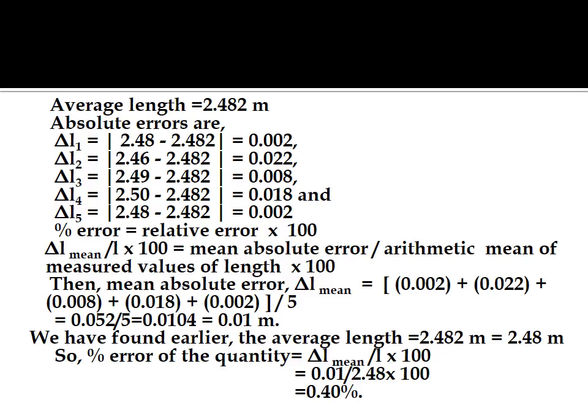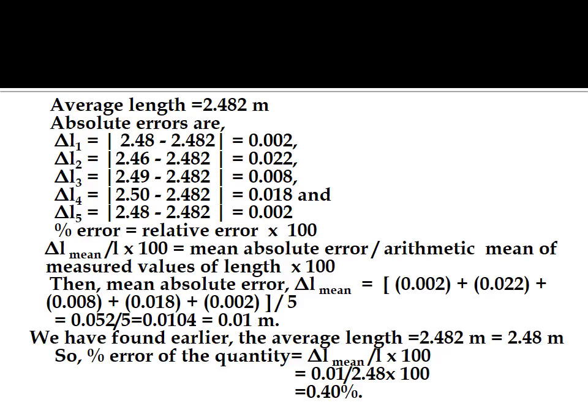Then delta L1 is equal to 0.002 meter. Similarly, delta L2 is equal to modulus of 2.46 minus 2.482 meter is equal to 0.022. So delta L2 is equal to 0.022 meter.